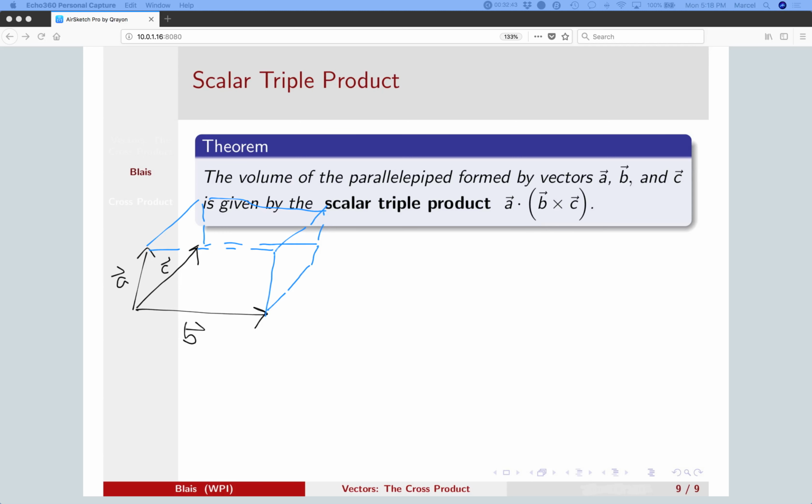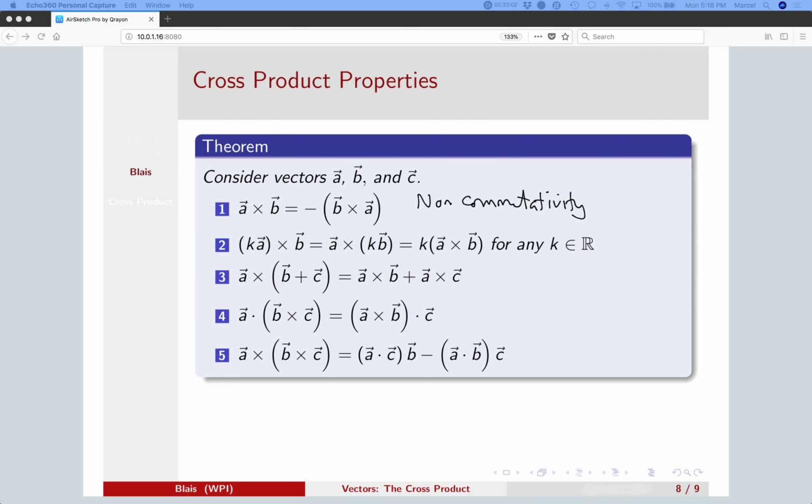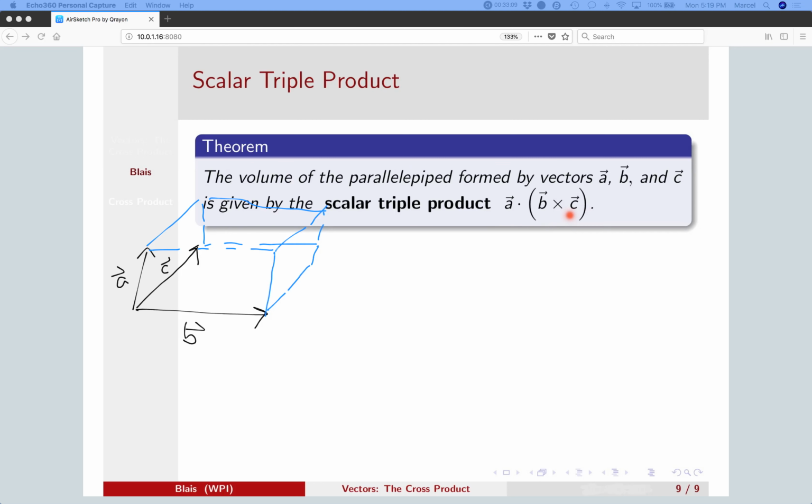And so just think of it as a box that has angles that are not necessarily right angles. And if we want to find the volume of this, we use what's called the scalar triple product, which is this A dot B cross C, which is one of the terms that showed up in our previous theorem. So note over here, this was our scalar triple product, the fourth line. So this is a way of getting the volume.